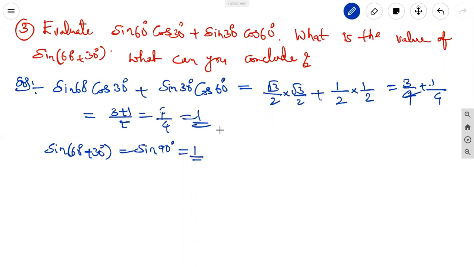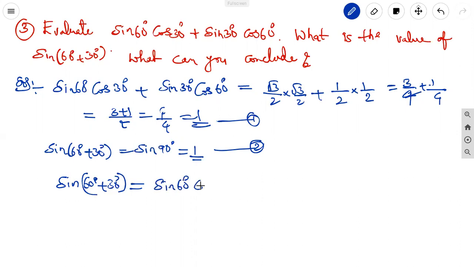So from 1 and 2, we can say that sine of 60 degrees plus 30 degrees is equal to sine 60 degrees cos 30 degrees plus sine 30 degrees cos 60 degrees.